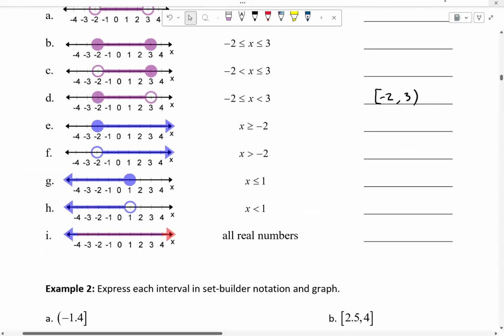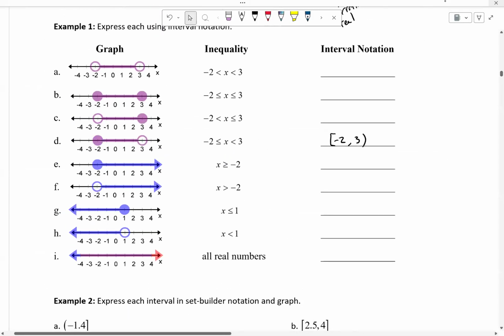Let's do all. Should we do A, B, and C? And for A, what do the outsides of this interval look like? They're both parentheses.